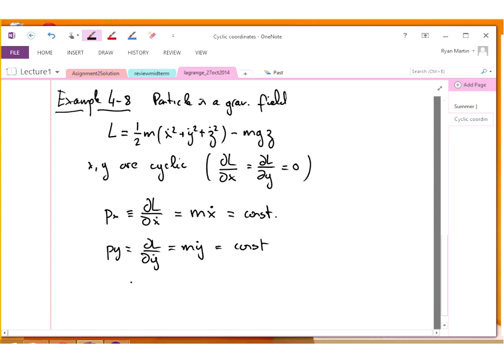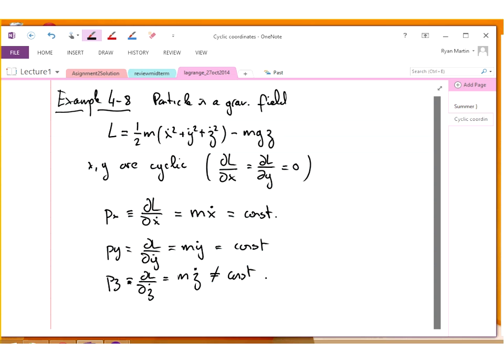So you can still define pz to be ∂L/∂z dot, which will be mz dot, that is not equal to a constant. This makes sense, right? It's a particle in a gravitational field, so gravity acts only in the z direction, so there are no forces in the x and y direction, and so the momentum in the x and y direction is conserved.